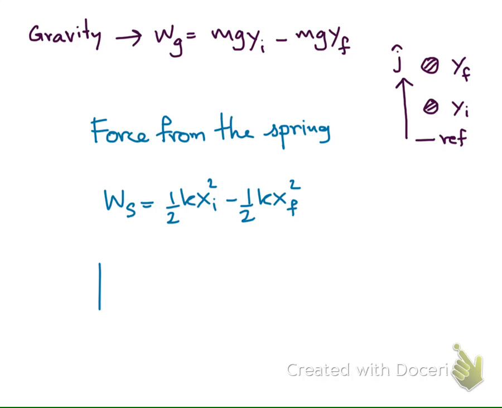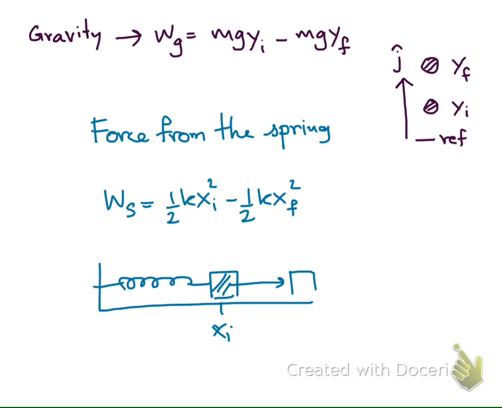That is, if we have a spring and the object is initially at the position xi, and then it moves to the position xf, this is the work done by the force from the spring.